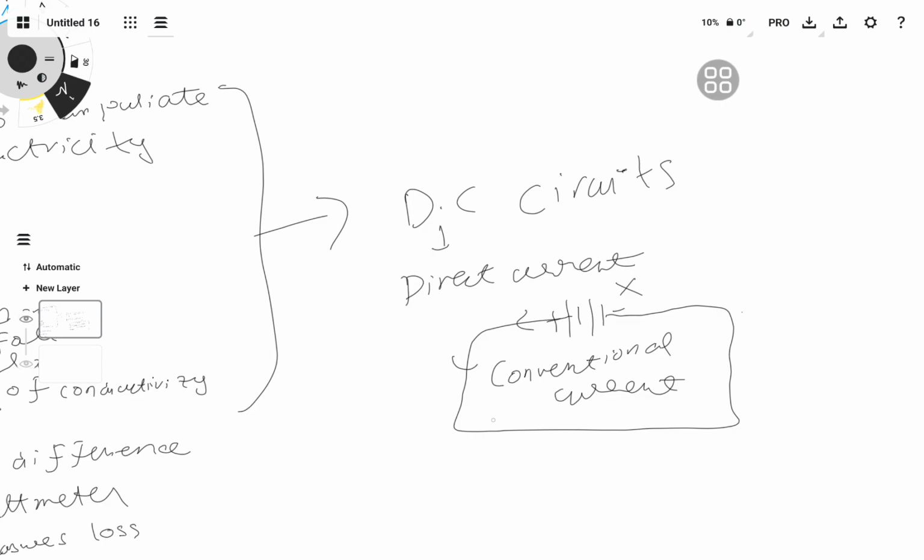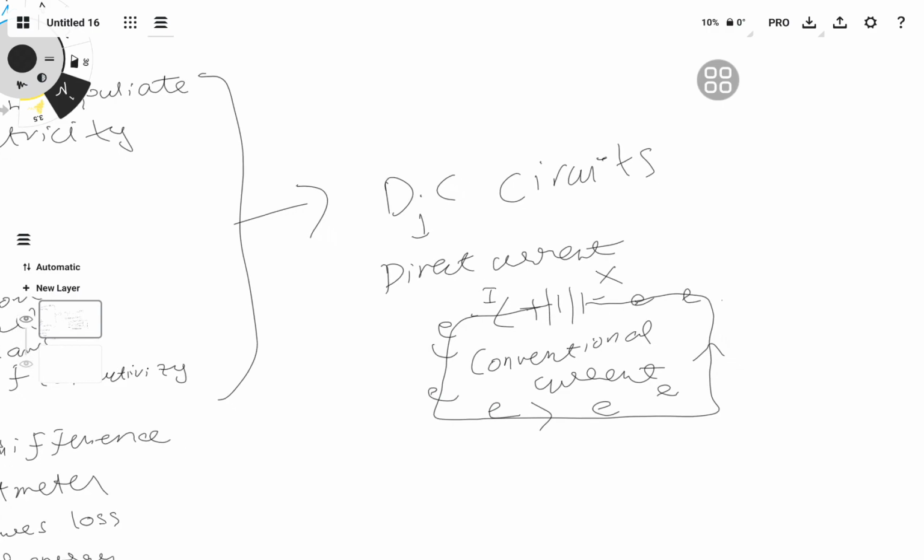We still use it on paper, in our exams, and in daily life, in stuff like electrical engineering, for convenience. Conventional current is wrong, and actually the electrons flow the other way. DC circuits, direct current, conventional current.